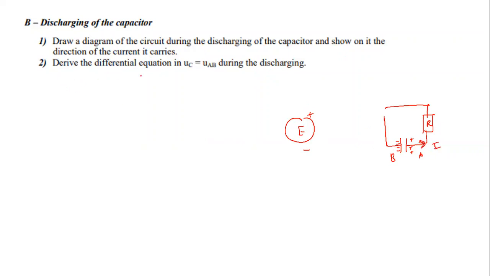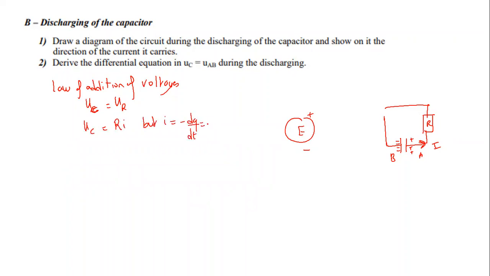Part 2, derive the differential equation of UC during the discharging. According to the law of addition of voltages, U of the capacitor is equal to U of the resistor, which means UC is equal to R times I. But in the case of discharging, I equals minus dQ over dt, which means minus C duC over dt.